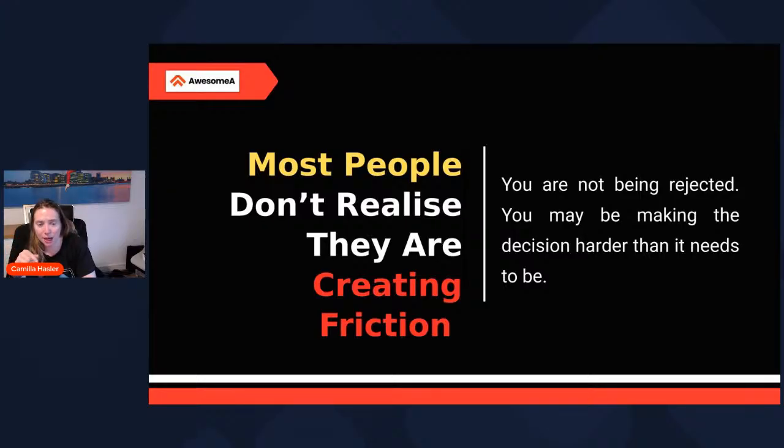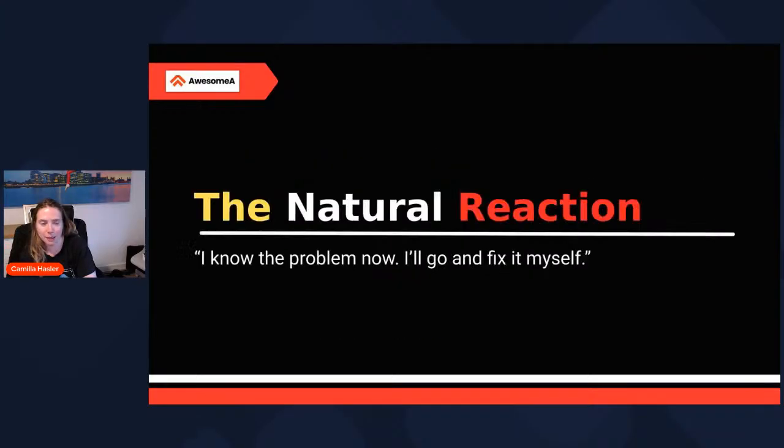It's not about rejection, but about making the decision that you offer easier, a compelling yes, a no-brainer. So the natural reaction might be, I know the problem now, I'll go and fix it myself. Now, we don't want that. We don't want someone to go and fix it themselves.